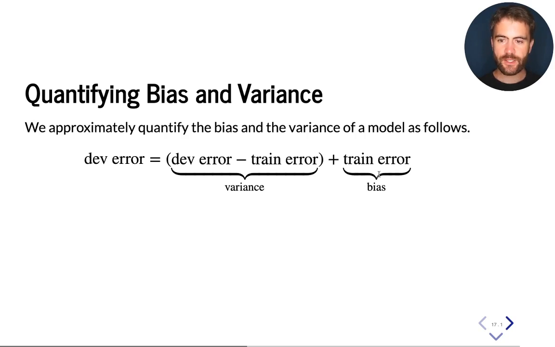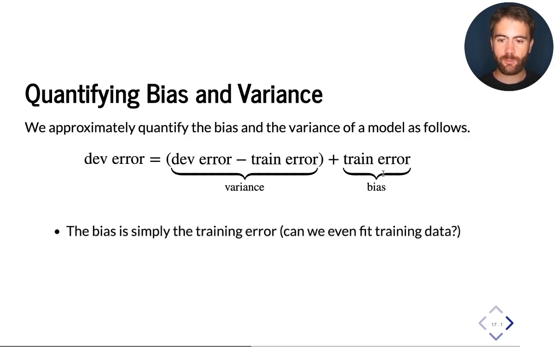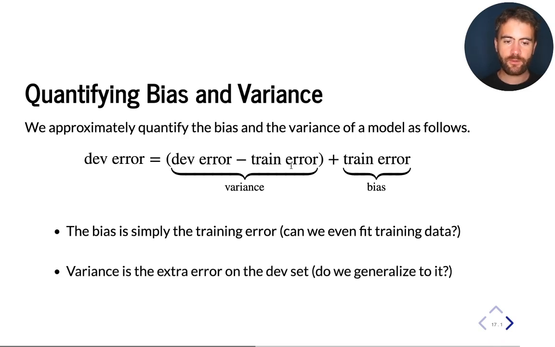So the bias is simply our training error, or a quantitative estimate of bias is our training error. Can we even fit the training data? Is our model sufficiently expressive for fitting the training data? And then a quantitative estimate of variance is the second term, which is the difference between development and training error.